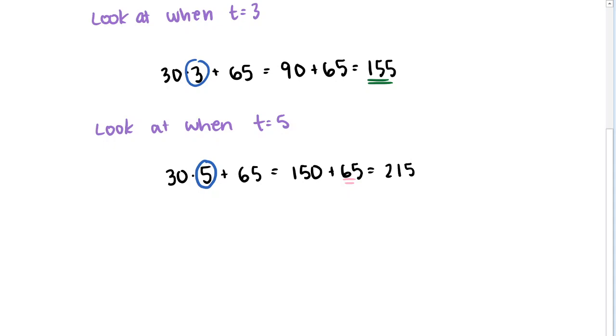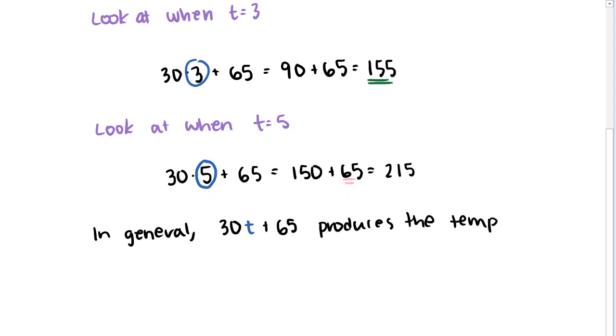And so in general, if I have 30 times the time that has passed, here t is representing time, not temperature, the number of minutes that have passed, we multiply that by 30 and then add that on to the starting temperature of 65, this produces the temperature of the oven.